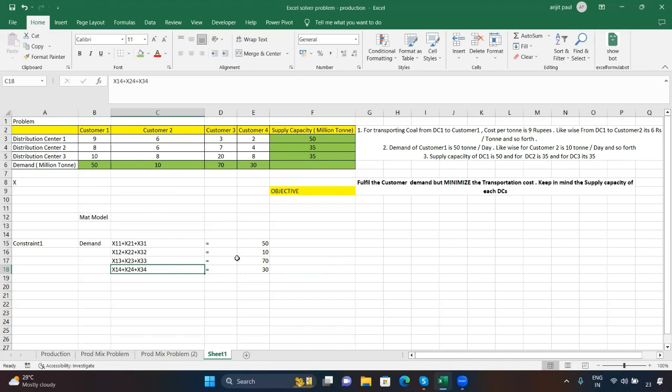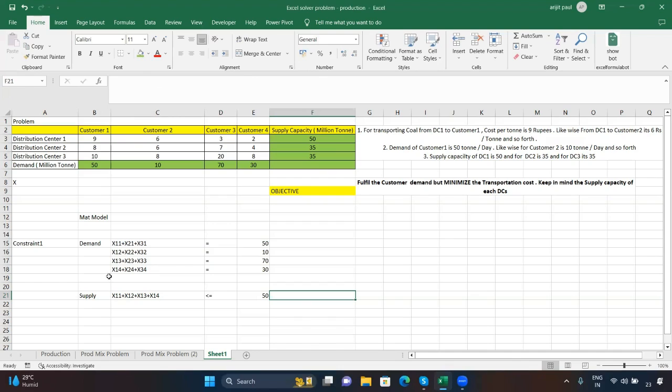Okay, now what is the another constraint? The another constraint we need to keep in mind is the supply capacity of each distribution center. So this will be our supply constraint. Supply capacity is x11 plus x12 plus x13 plus x14 should be less than or equal to 50, right?